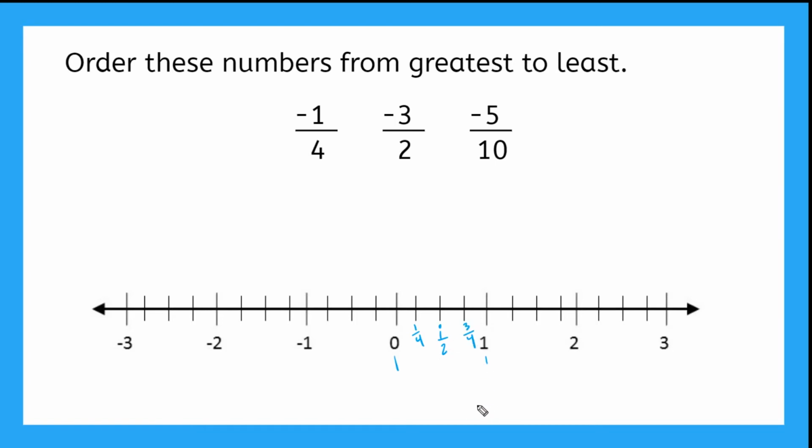Okay, so now that we have that, let's start off with our first number here. We have -1/4. So if I start here at 0, I know that 1 tick mark over right there is -1/4, or a fourth. Okay, our next one is -3/2. So remember, -3/2 we can think of as being -2/2 plus -1/2.